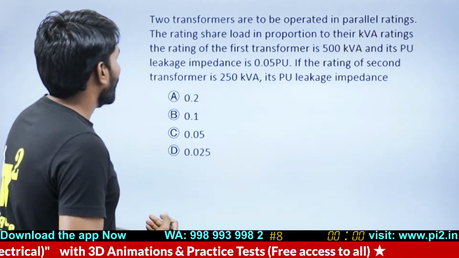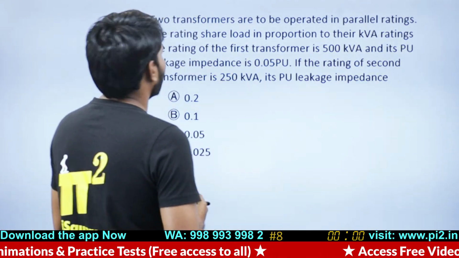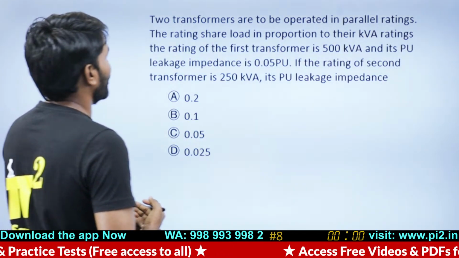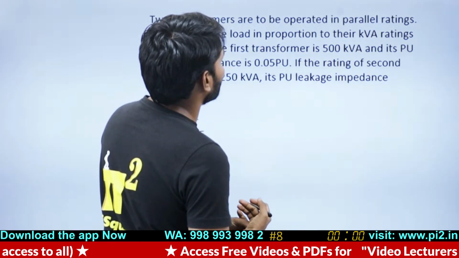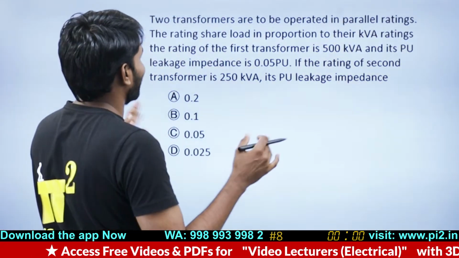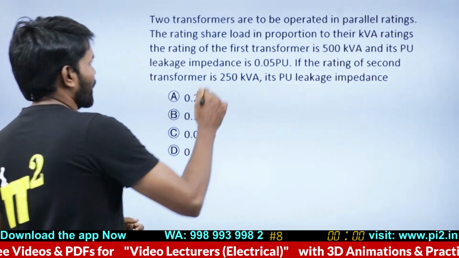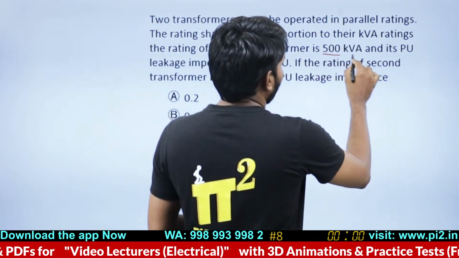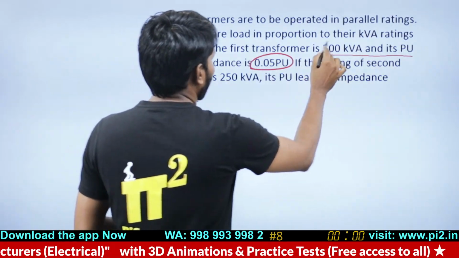Anyways, time's up. 2 transformers are to be operated in parallel and share load in proportion to their kVA ratings. The first transformer is 500 kVA and its per unit leakage impedance is 0.05.